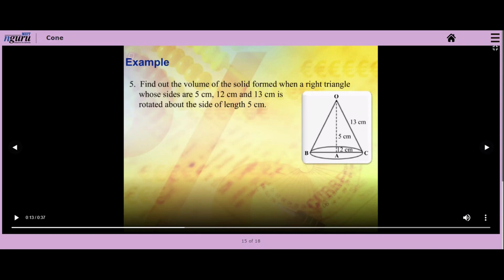One by 3, 22 by 7, 12 into 12. 754.28 centimeter cube, ma'am.